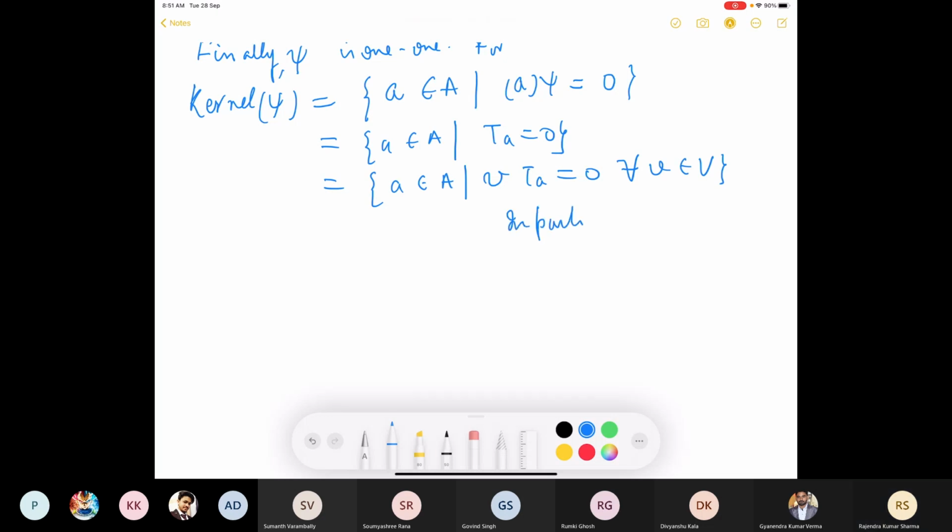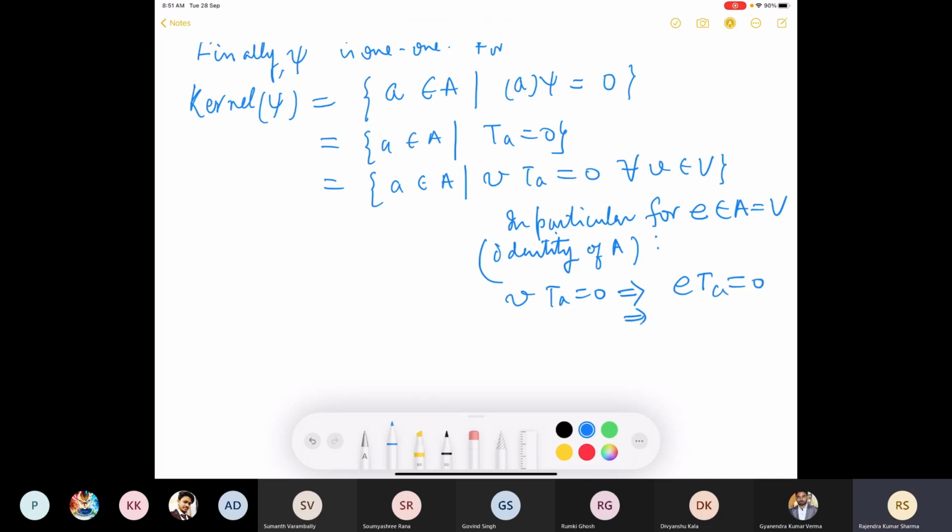In particular, for the identity element e of 𝒜, vT_A equal to 0 will force what? eT_A is 0, and eT_A means eA is 0, that means A is 0. Hence the kernel of ψ is basically the singleton set consisting of 0 only.